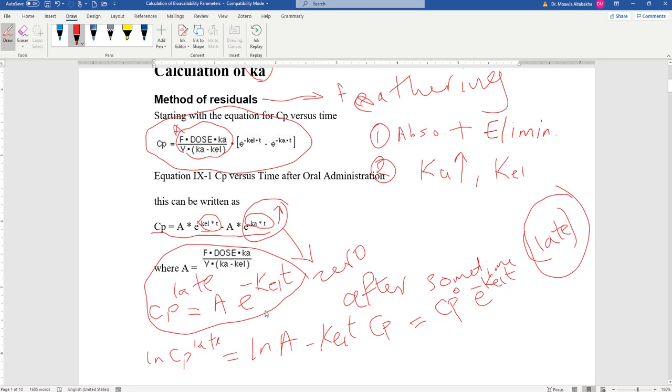This straight line is governed by this equation for Cp late. Why late? Because it's some time after the peak concentration.